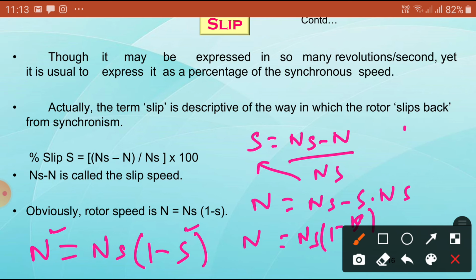Please remember this formula. For example, if I want to know the rotor speed at a slip of 4%, it is ns into (1 minus 4%), and we get the rotor speed.